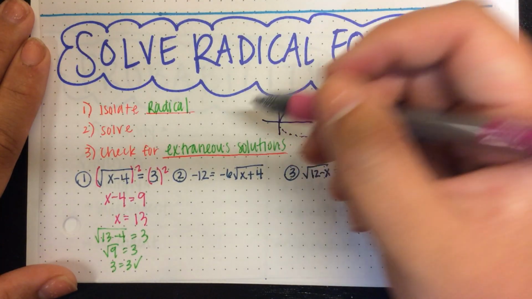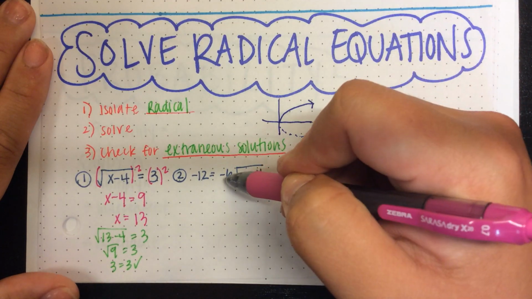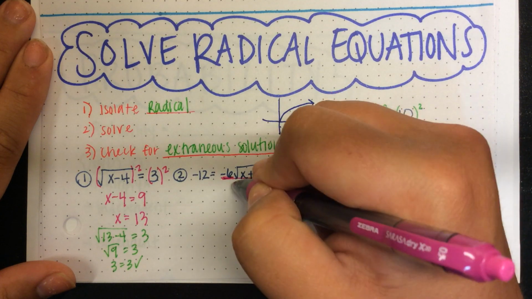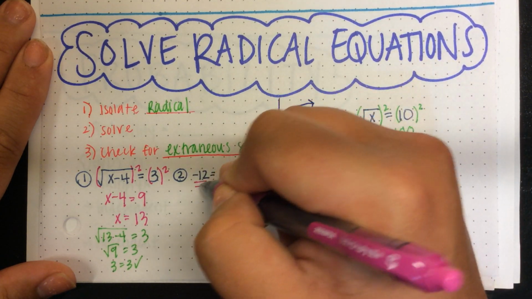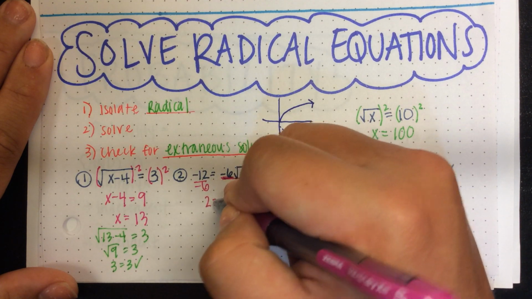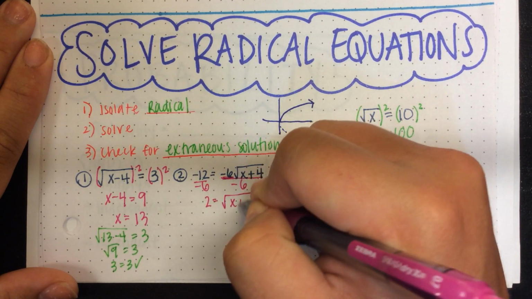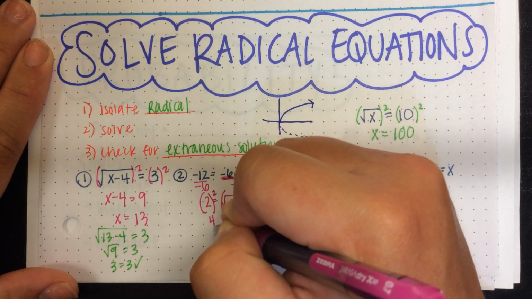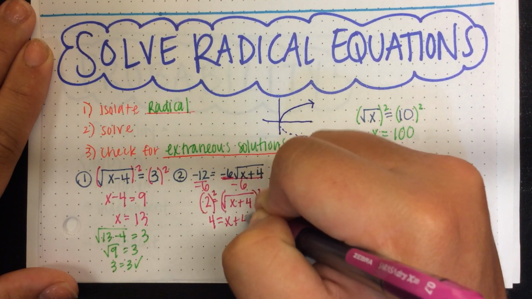Okay, for the second one, before I can square both sides, I need to get rid of this 6 that's on the outside, or the negative 6. And I do that by dividing, because it's negative 6 times the square root. So I'm going to divide. Negative 12 divided by negative 6 is a 2. Now I can square both sides. So we get 4 equals x plus 4.